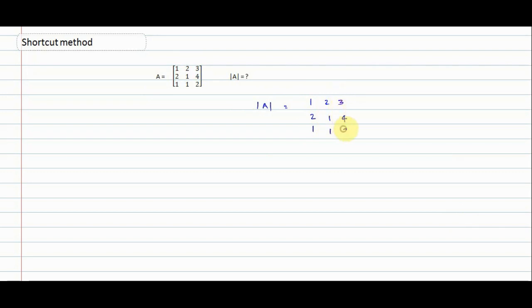Now write the first column once again, 1, 2, 1, followed by the second column, 2, 1, 1. Now just consider elements in the diagonal fashion.